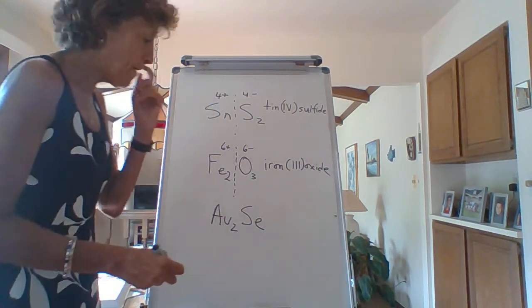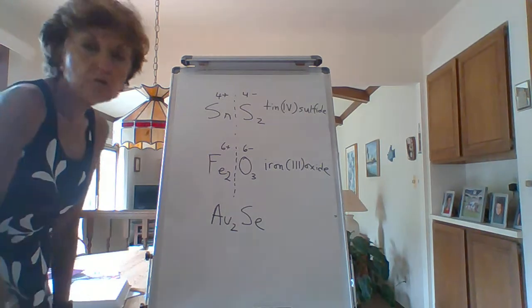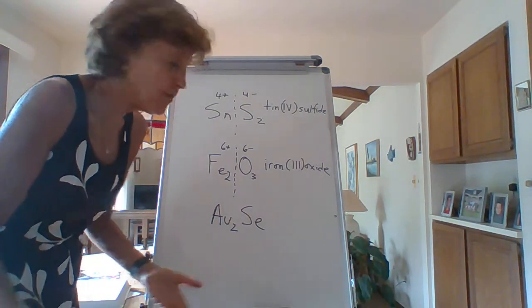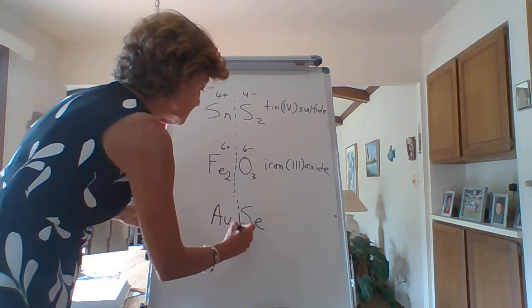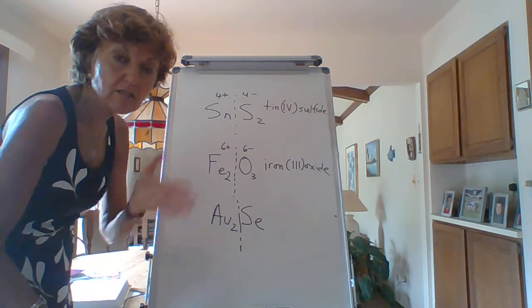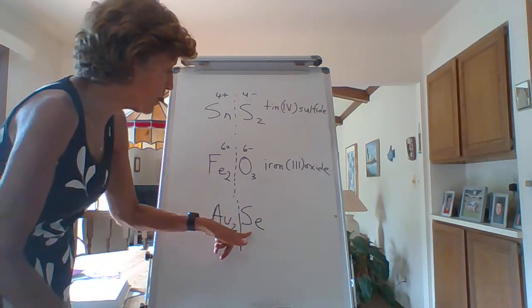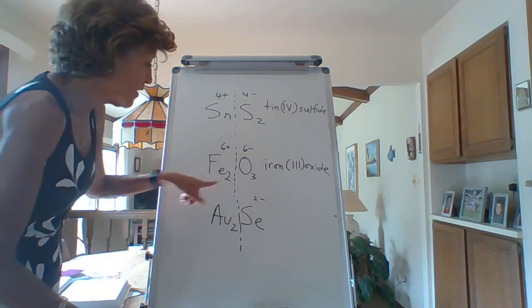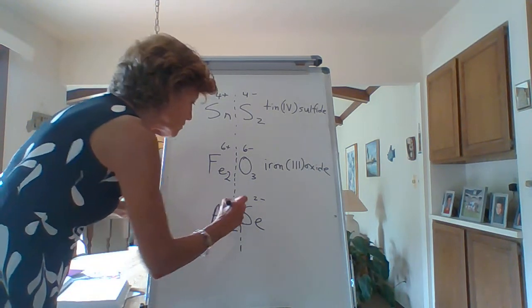oxide. Okay? Gold, we have no idea what the charge of gold is. No problem, we can figure it out. Dotted line. Selenide is just like sulfide and oxide, it's minus 2. I only have one of them, so I'm going to put a minus 2 here. So that means this side has to be plus 2.